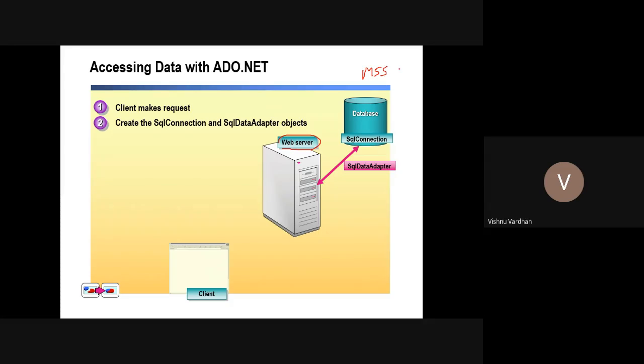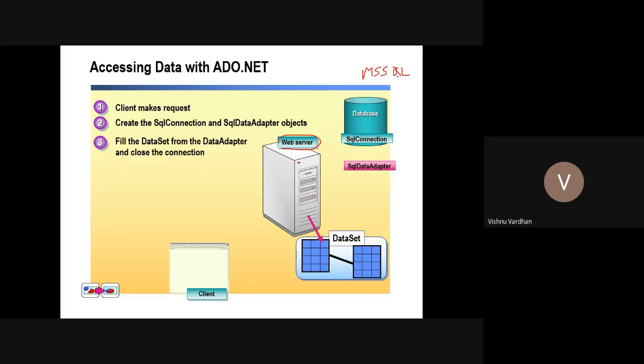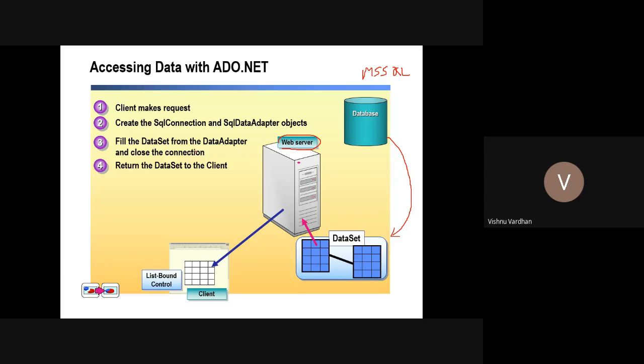SQL connection is only for the MS SQL server. So this SQL server is getting connected. And then what happens? The database is getting populated with the data set. Okay, so one time loading of that particular query is going to be filled up with the required data set. This data set is connected from the data adapter, and that data adapter will actually be interfacing with that.